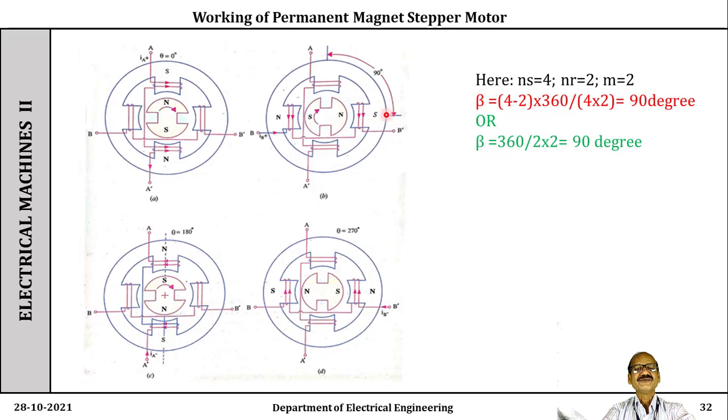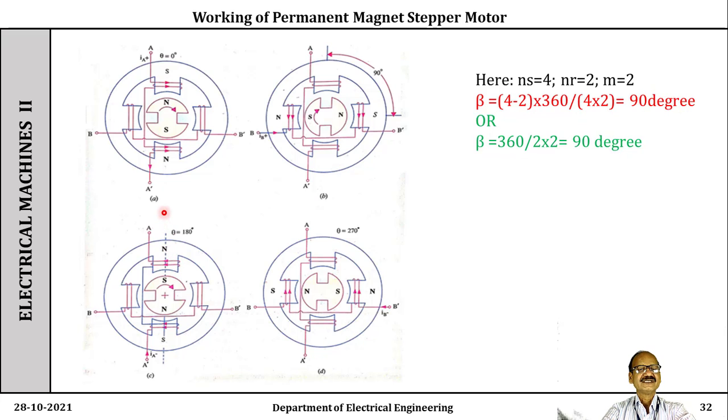Now if the A winding is excited from the A minus side, that is, the current is IA minus from this side, the poles are produced accordingly. Looking from this side, the direction of current is clockwise, so it produces the south pole here, and looking from the other side, the direction of current is anti-clockwise, so it produces the north pole.